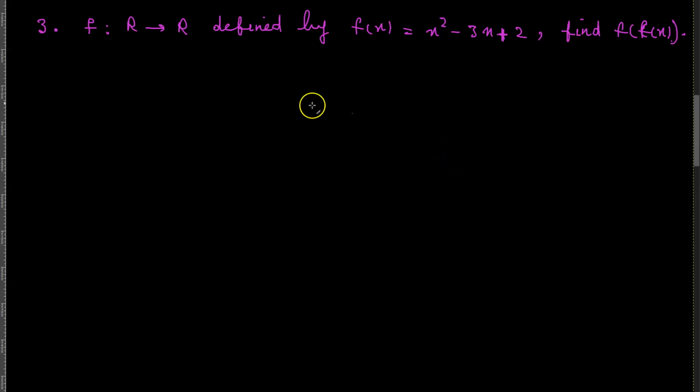Okay, so when you want to find f of f of x, basically the argument of the function f, which is all of the variables that you can see, wherever you see a variable in the function f of x, that is where the argument goes in.